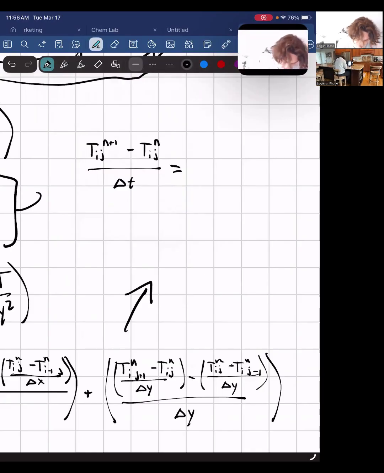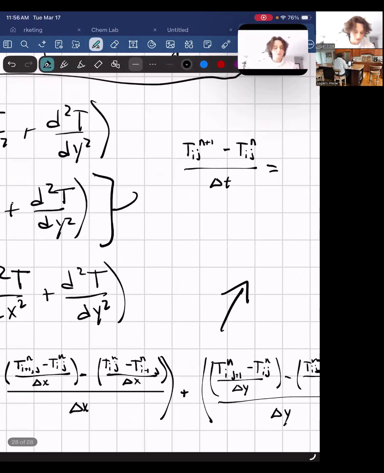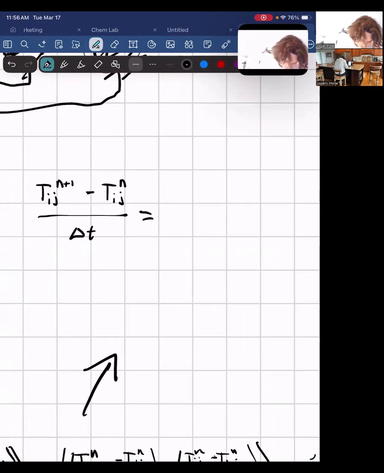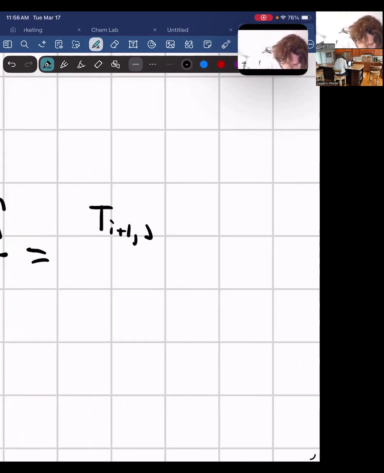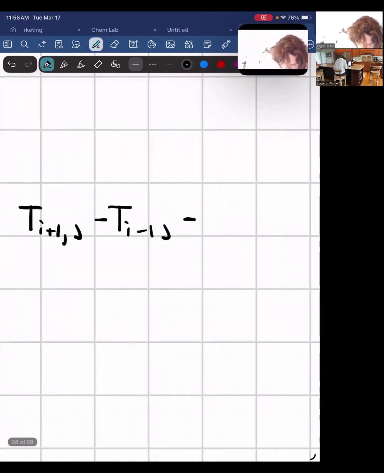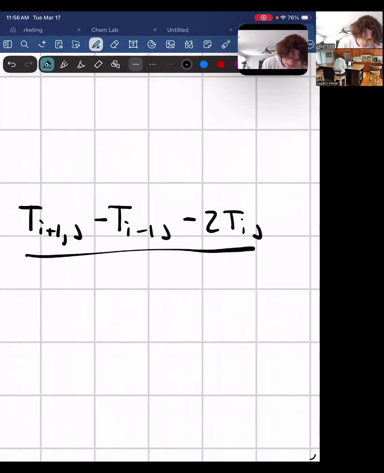And then that will equal, what we'll do here is we will bring all this down. So it's T i plus 1 j minus T i j minus T i minus 1 j minus 2 T i j over delta x squared.